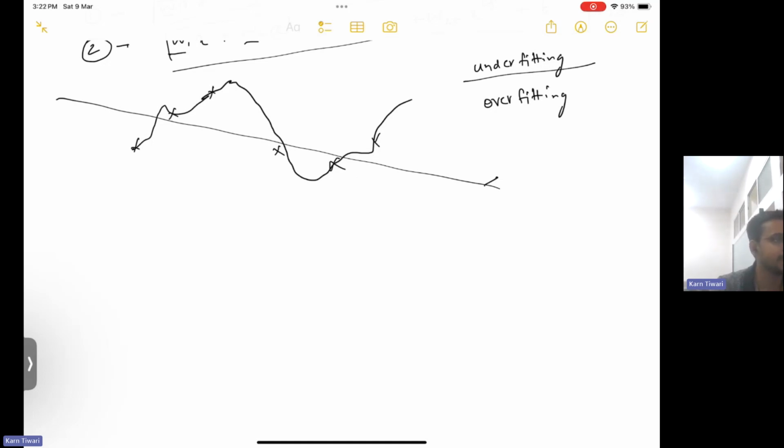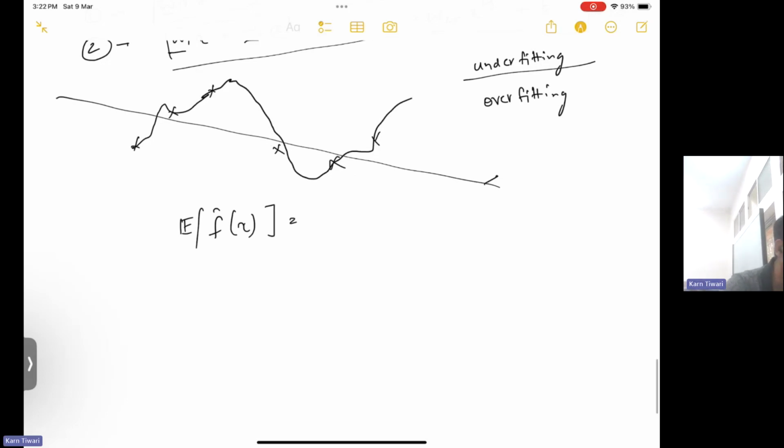So that is where the concept of bias and variance comes in. So bias, you can think of it as the averaging. If we take an expected value of the different functions that we have fitted, it will be just f bar.